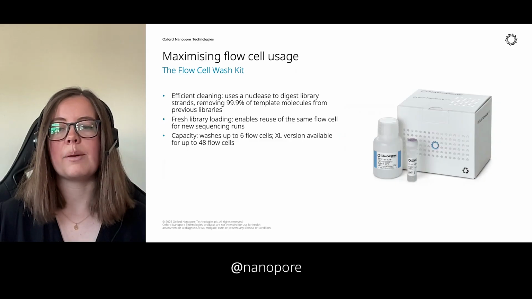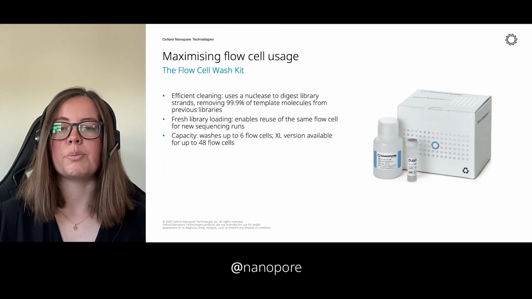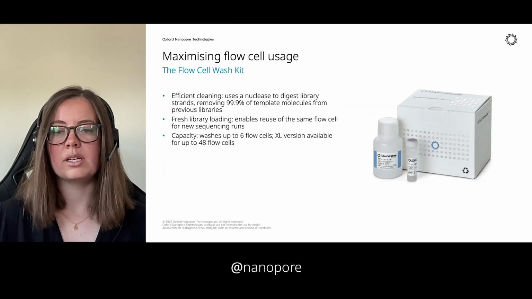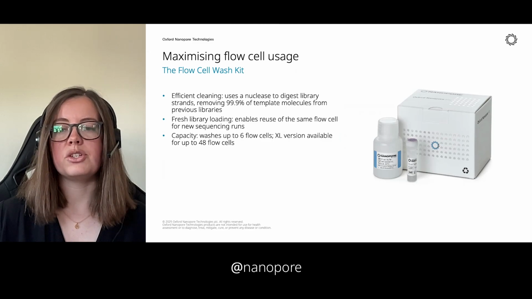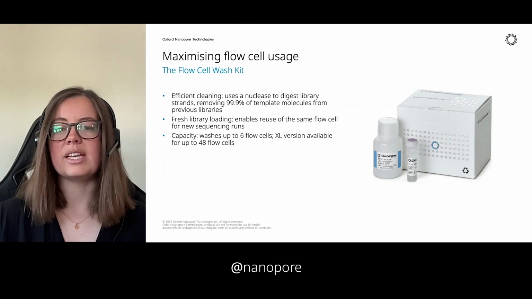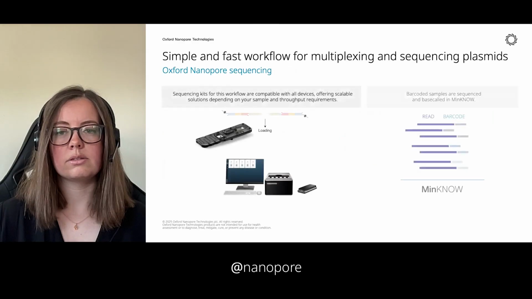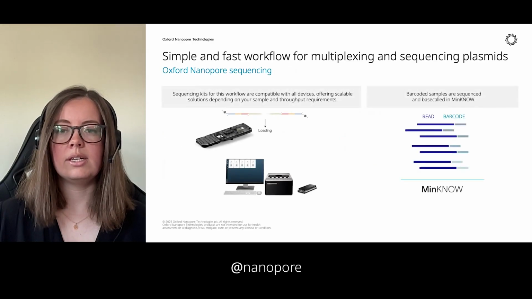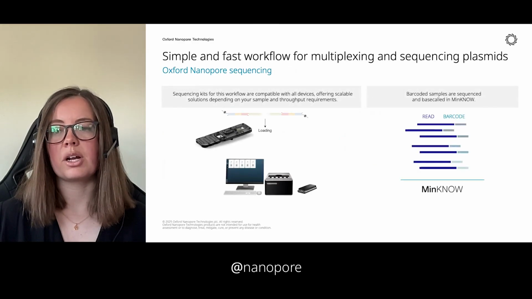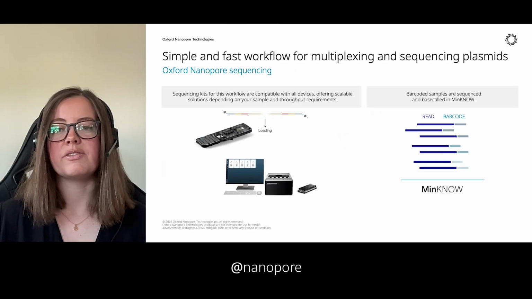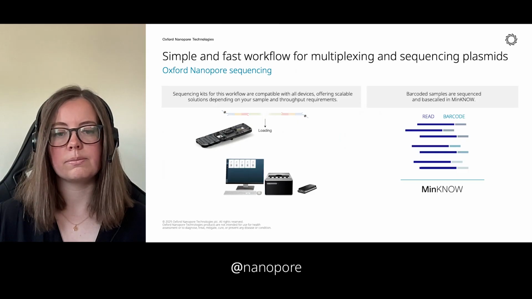This is an optional step, but is a simple way to maximize the throughput you get from a single flow cell. The flow cell wash kit comes in two sizes, enabling up to 6 or 48 washes. Sequencing kits for this workflow are compatible with both MinION and GridION devices, and all devices are run using the same sequencing software, which is what we'll talk through next.